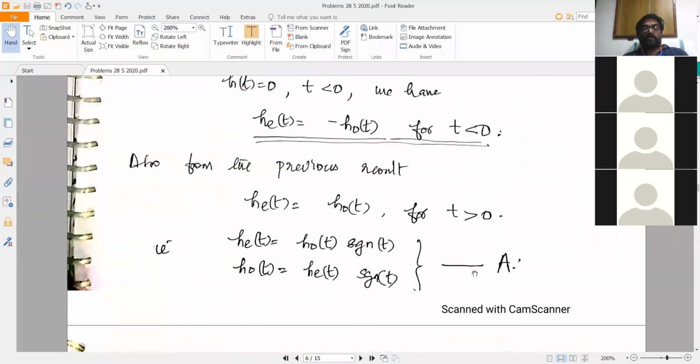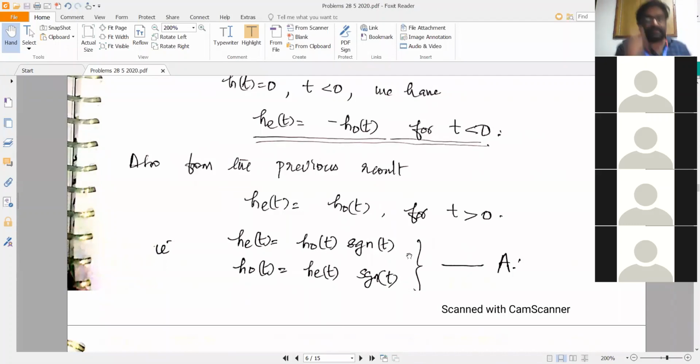Now, also from the previous result, you have h_e of t is equal to h_o of t for t greater than 0. So you have these two relations. h_e of t is equal to minus h_o of t for t less than 0, and h_e of t is equal to h_o of t for t greater than 0. Or in other words, h_e of t is equal to h_o of t into signum of t.